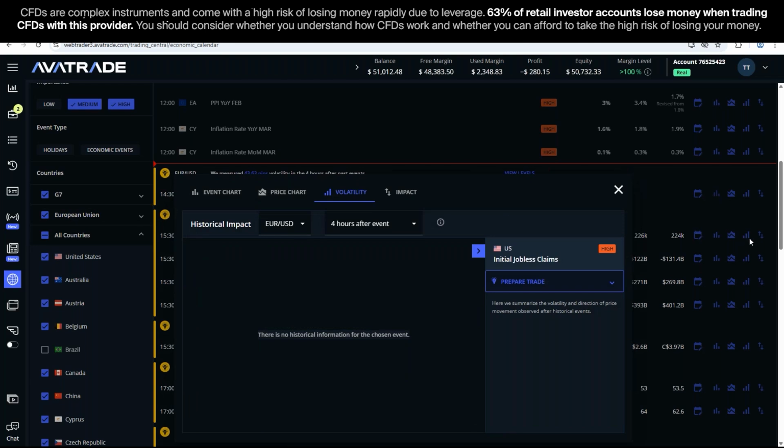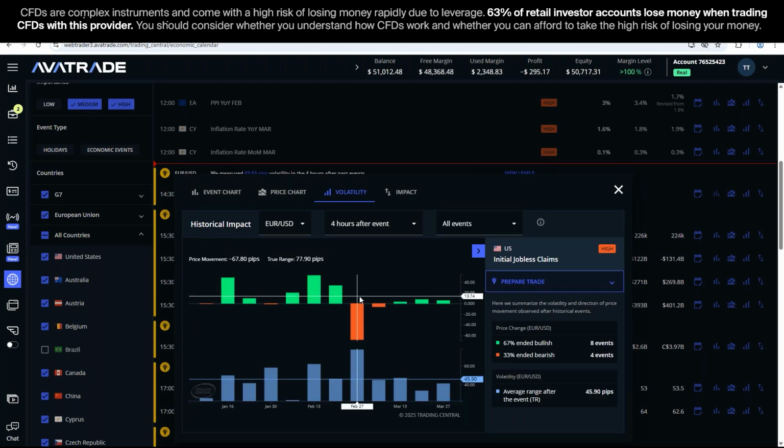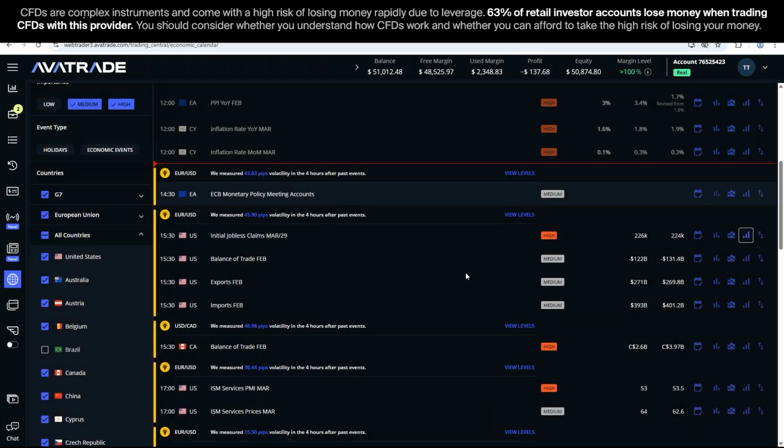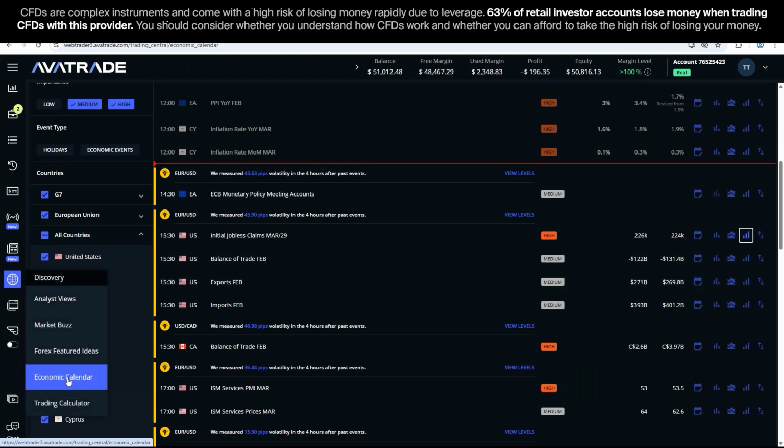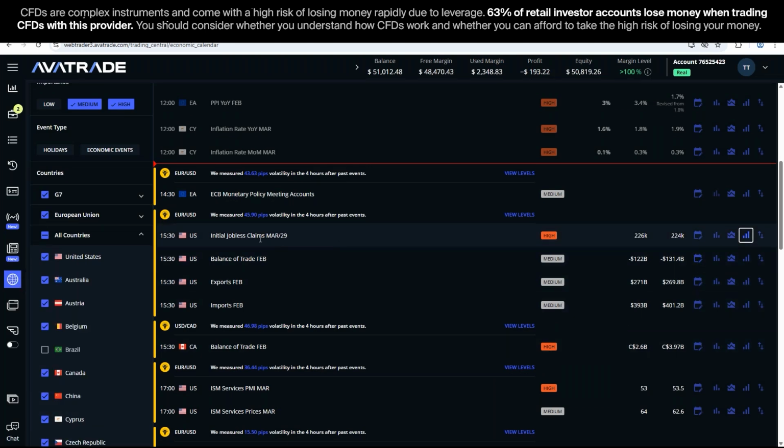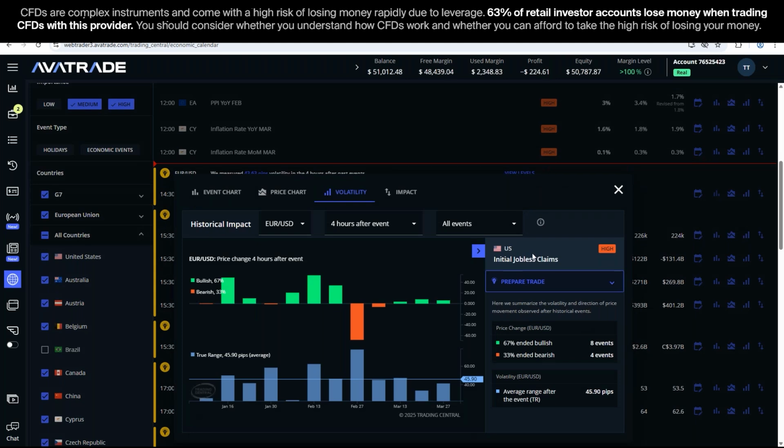And so if we take a look at how has this moved the market in the past. And so this tool, if you haven't used it before, it's in the Market Buzz, economic calendar, and then find the high-level announcements for the countries that you choose, that you would like to look at, and use this volatility tool to look at how has it affected the movements on different currencies.